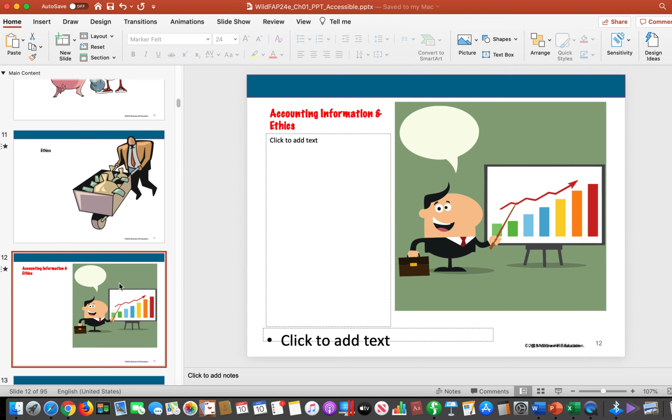But there's another way of being unethical, which is far more common. You see this chart here, this executive is saying sales are going up and up, presenting a rosy picture or a positive picture of what's happening. And the accounting records will reflect this upward trend of probably sales and income. But what if that's false?